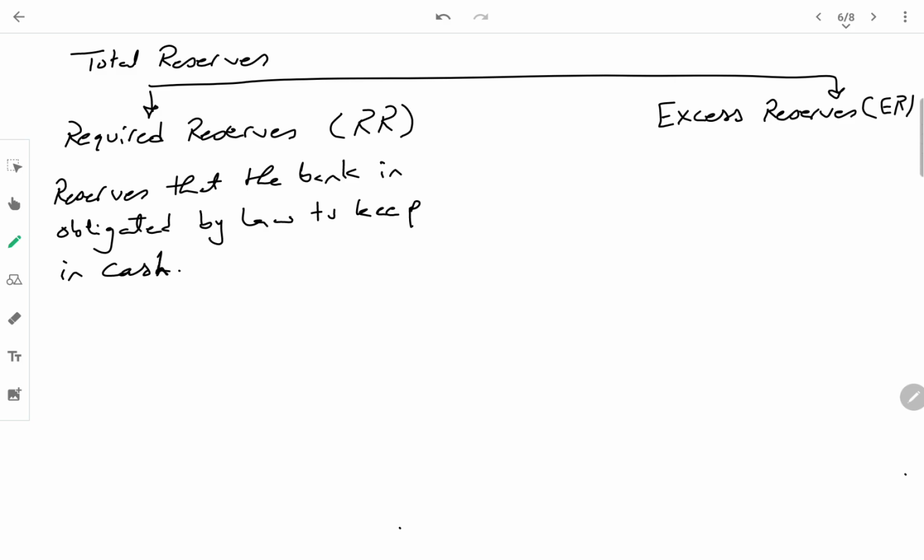Required reserves of what? Required reserves of bank deposits. So the bank must keep a percentage announced by the central bank, a percentage of deposits. This percentage is known as the required reserve ratio.